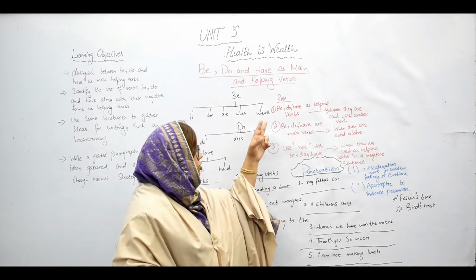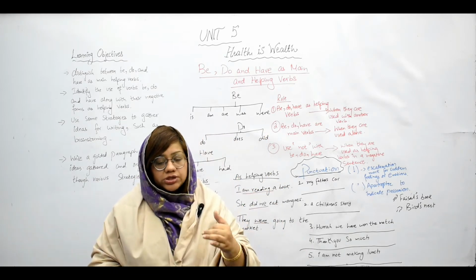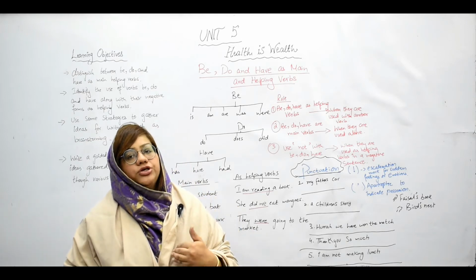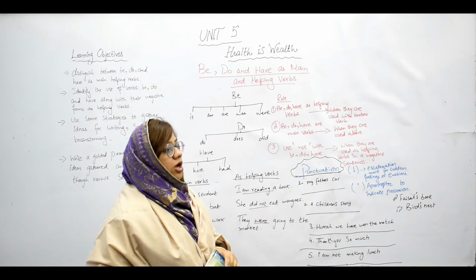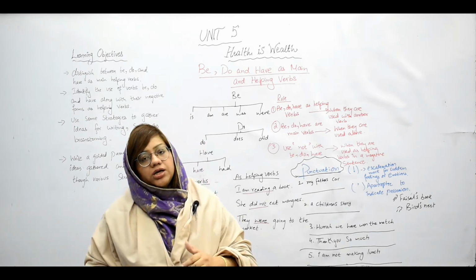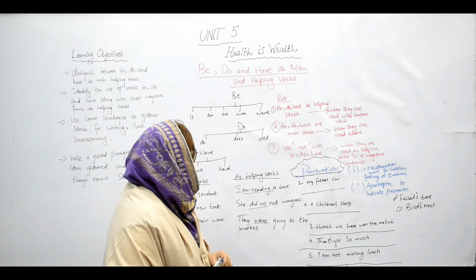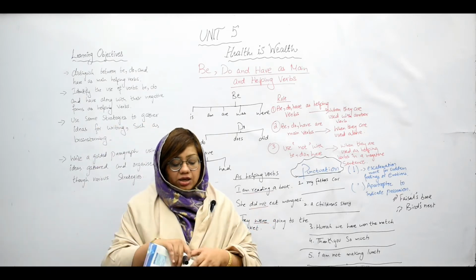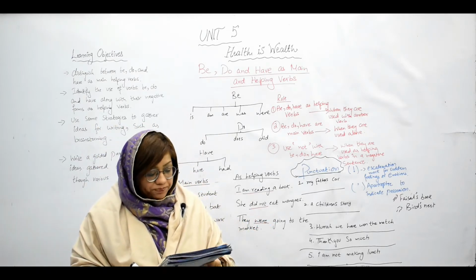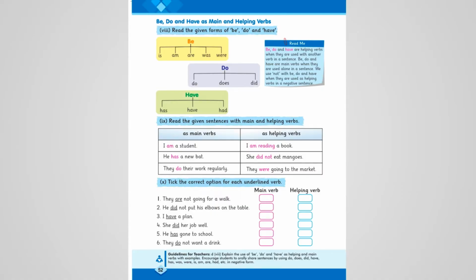Listen students, you need to memorize these rules whenever you are using these three verbs as a main or a helping verb. Now let's start with the exercise that is already given in your book, page number 52.